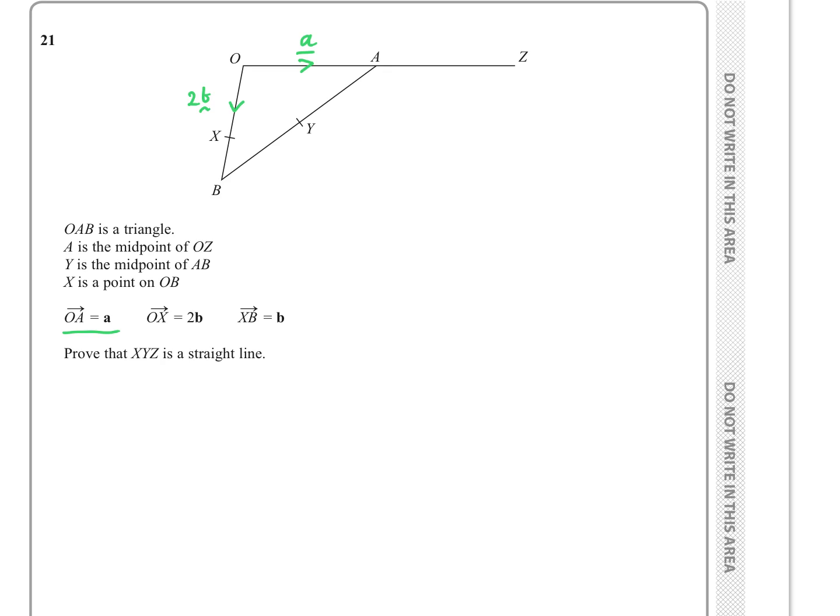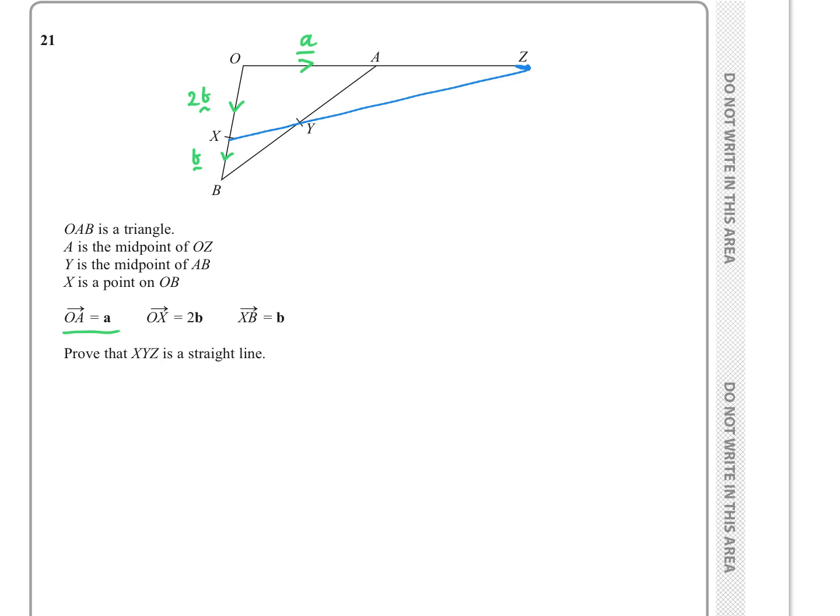And then X to B is just B. We've got to prove that XYZ is a straight line. Okay, so I'll just put Z here.